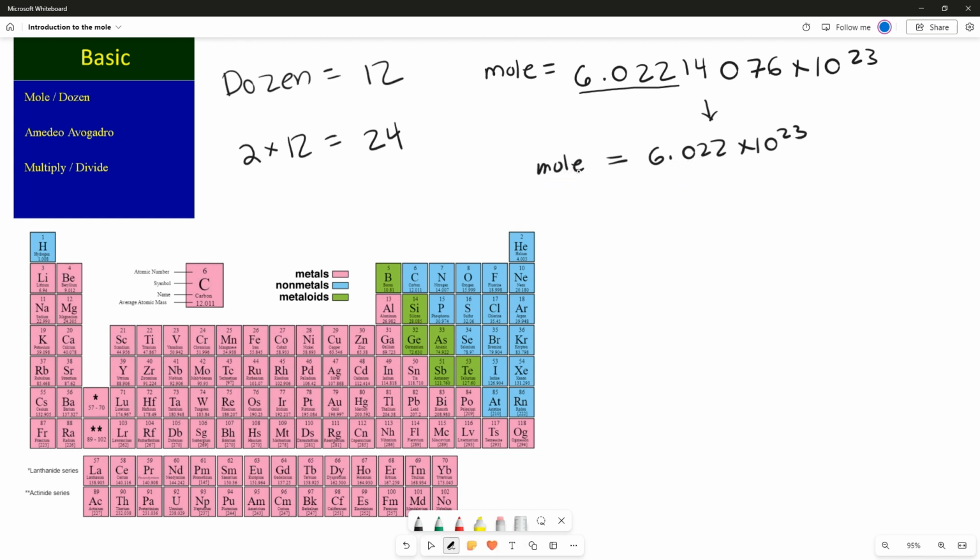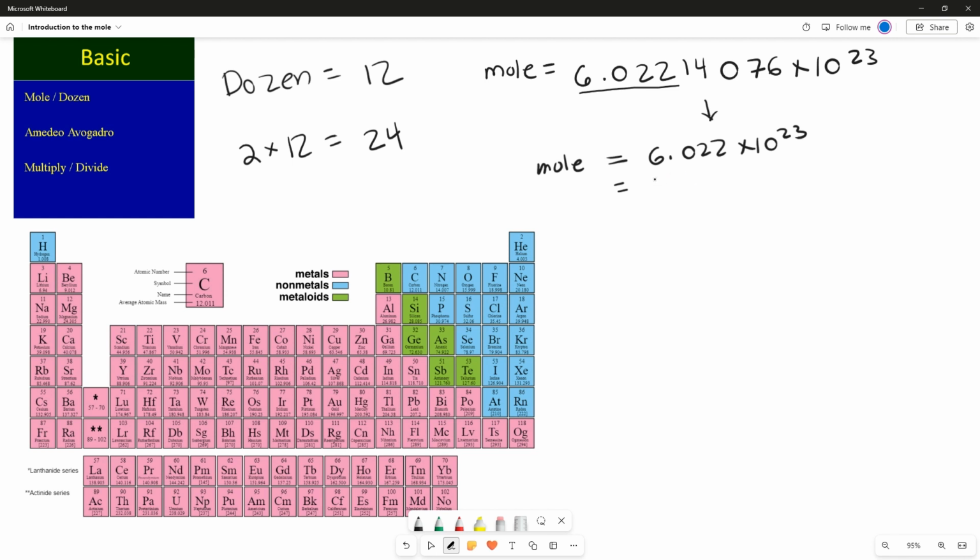Now, this number is also called Avogadro's number, and that's because in 1811, a scientist named Amedeo Avogadro was doing some research with the volume of gas in balloons, and he started to come up with the concept that the number of atoms could be quantified.